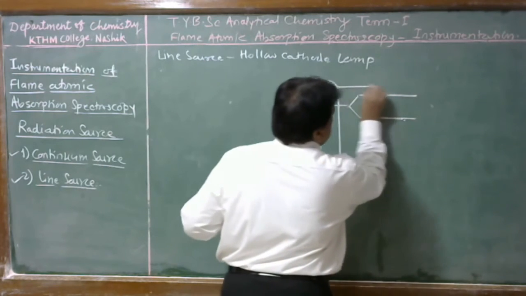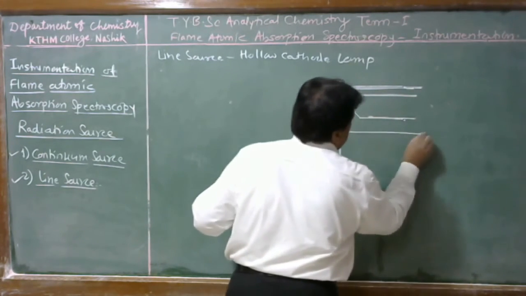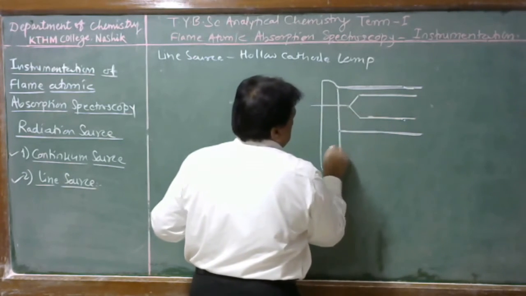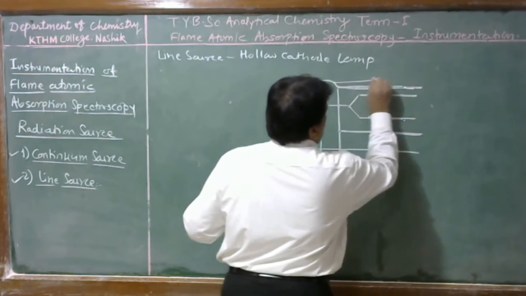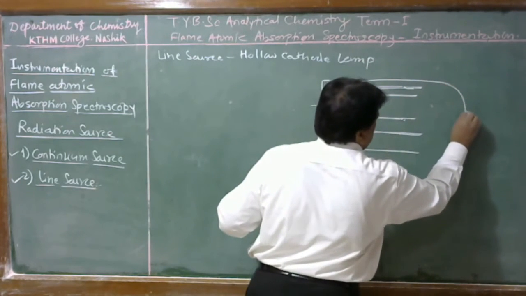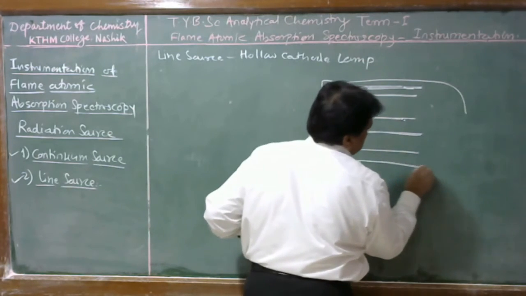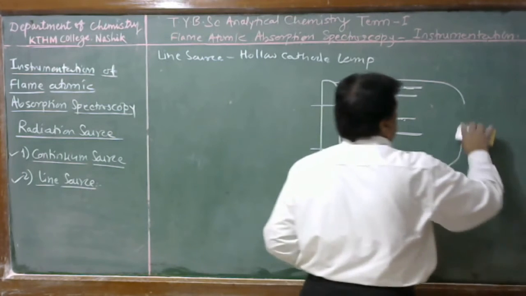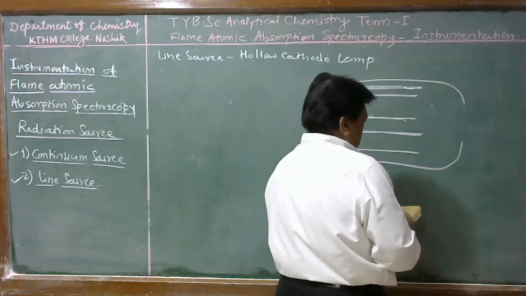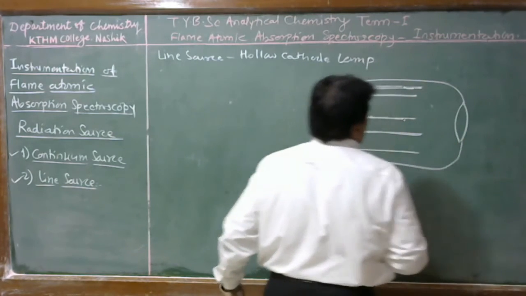Here this is a glass sheet. This is again another glass sheet. Here this is another electrode. Both electrodes are kept in an evacuated glass bulb containing a quartz window. Therefore, this is a quartz window.